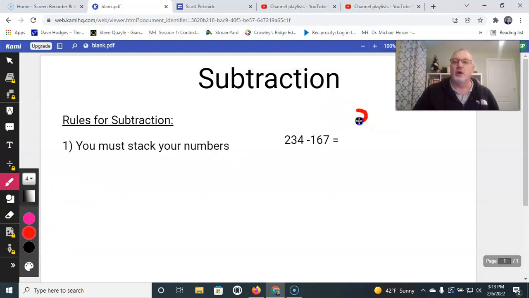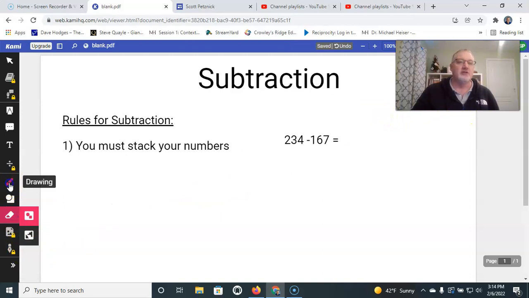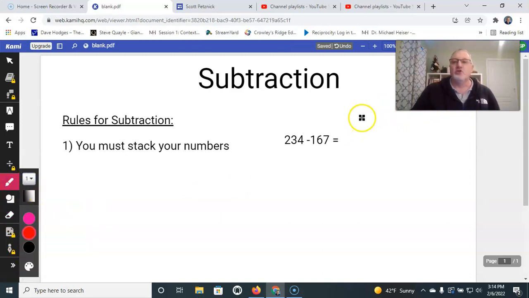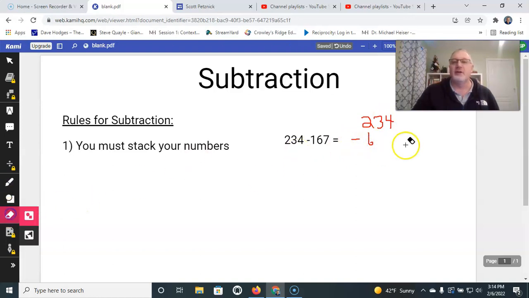I'm going to make this a little smaller so it's a little easier for us to read. So 234, and then we're going to minus 167. Okay.